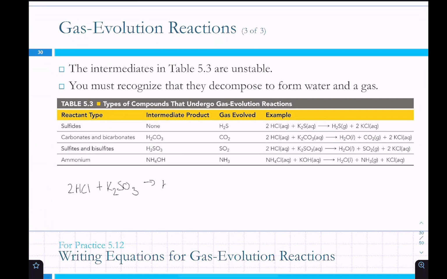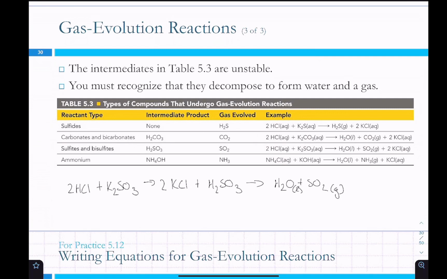Your intermediates would be 2KCl plus H2SO3, and then that H2SO3 would continue on to become the water and the SO2 gas. So H2CO3 and H2SO3 both have a decomposition step. So there's an extra step to the reaction.